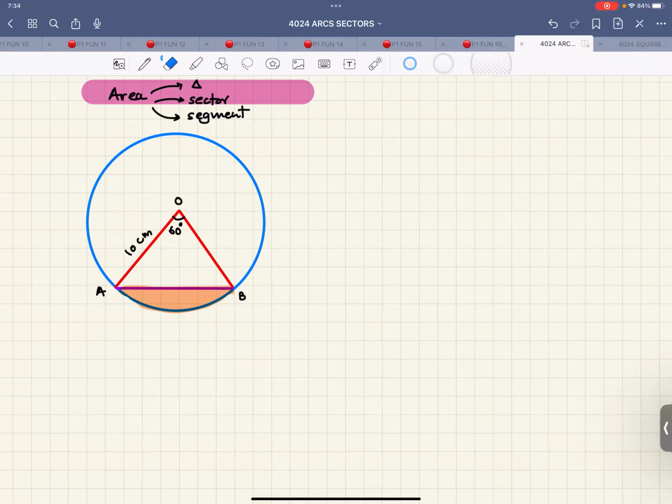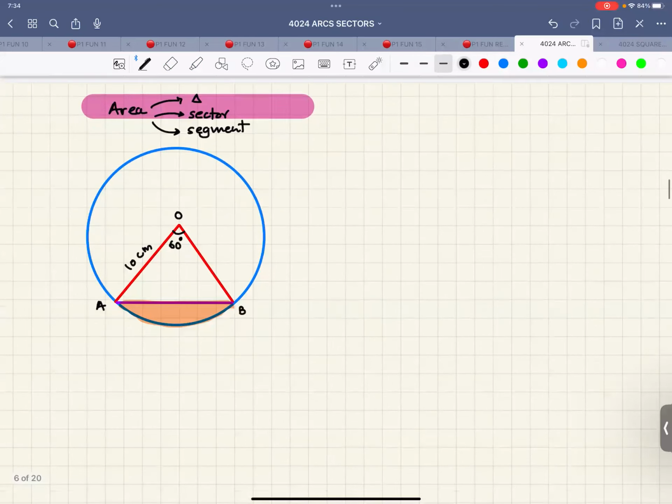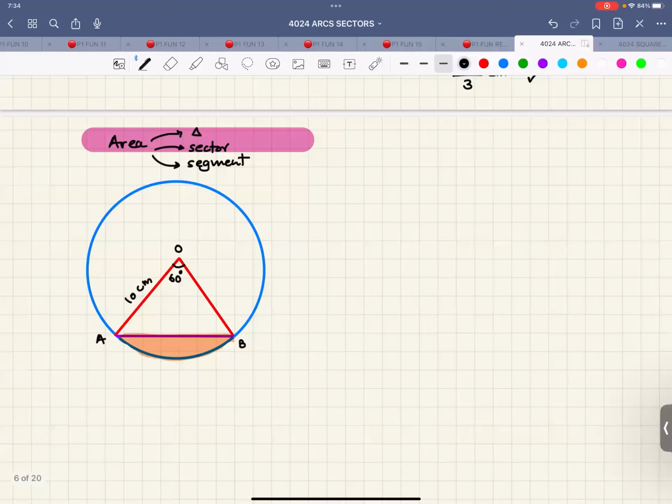Okay, so first of all, let me ask you the area of triangle OAB. Since it's a non-right angle triangle, use half ab sine of C. This is half into 10 into 10, because this is 10 centimeter, this is also 10 centimeter, into sine of 60 degrees.